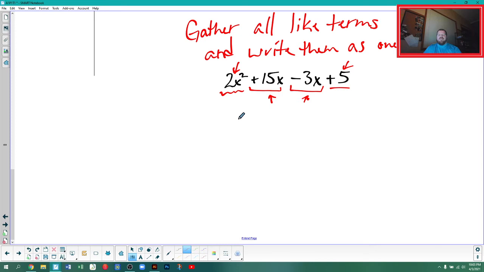I can't really do anything with this because it's by itself, and I can't really do anything with this. But these two I can combine. I can figure out how many I have total and write those two terms as one to make this a simpler expression. So positive 15 and negative 3 is going to turn into positive 12, and that's how many x's I have.